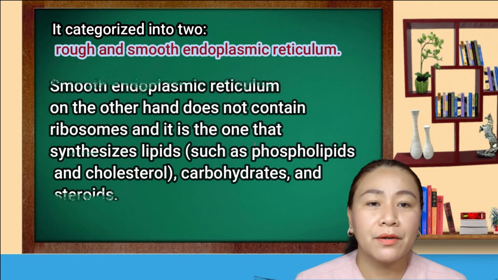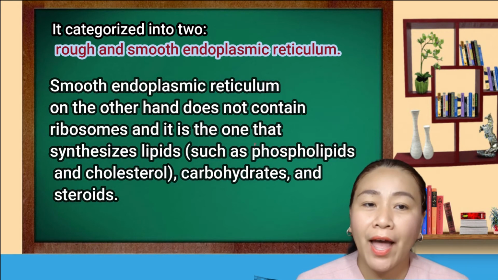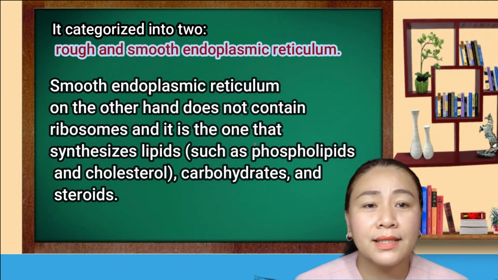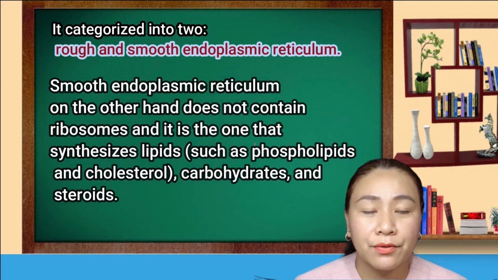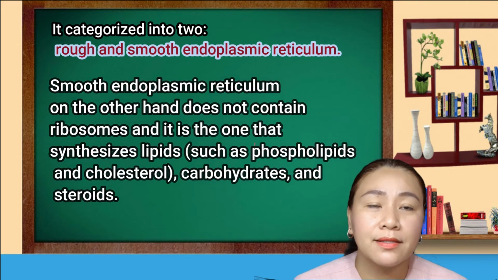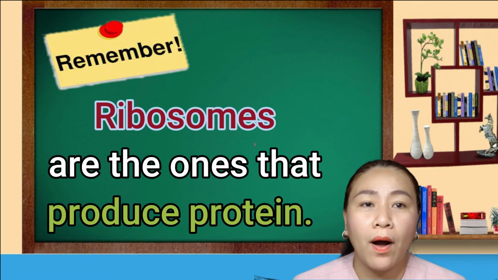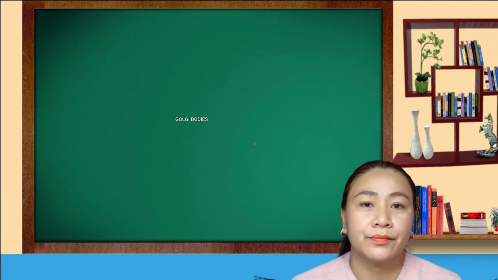Smooth endoplasmic reticulum, on the other hand, does not contain ribosomes, and it is the one that synthesizes lipids, such as phospholipids and cholesterol, carbohydrates, and steroids. Remember that the ribosomes are the ones that produce protein.